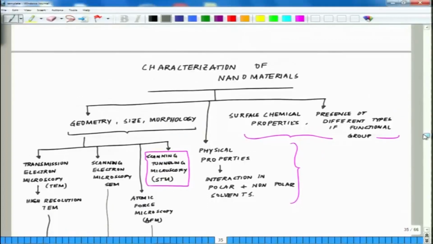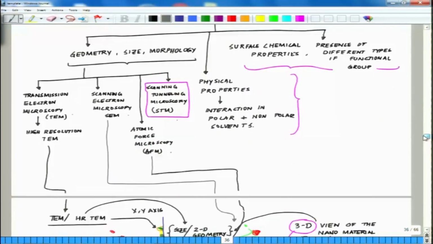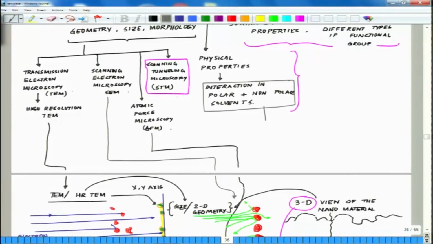So this is where we were: characterization of the materials, transmission electron microscopy, scanning electron microscopy, atomic force microscopy and scanning tunneling microscopy. Now we are talking about physical properties of interaction in polar and non-polar solvents. Say you have a particular particle, and you make a film or layer it with something.